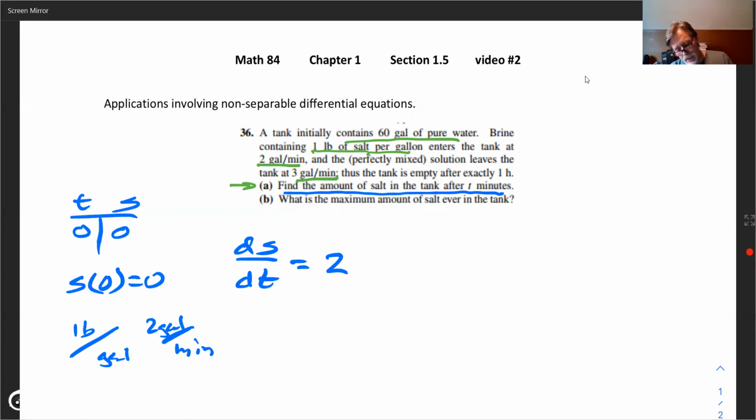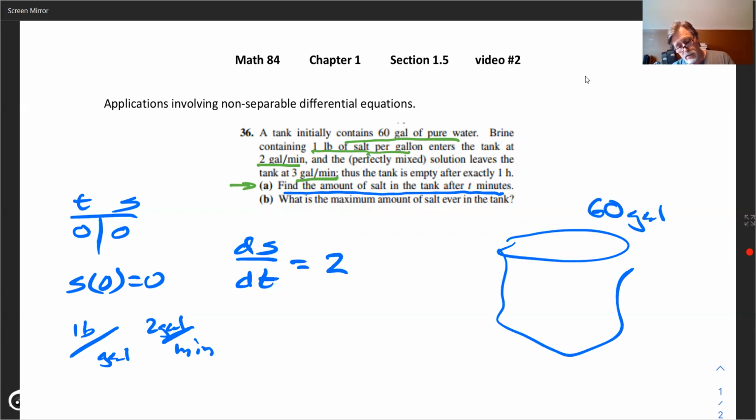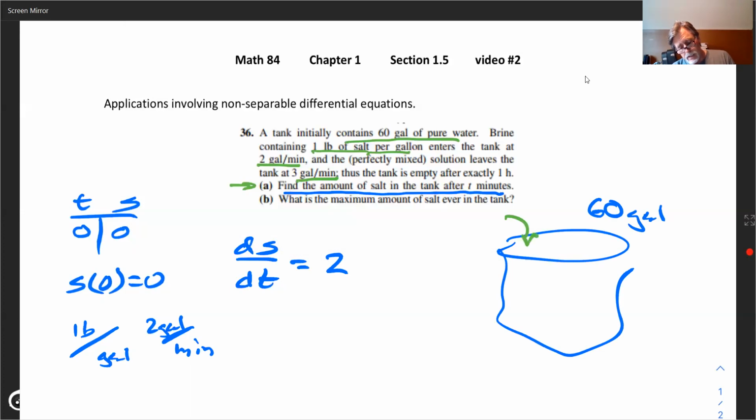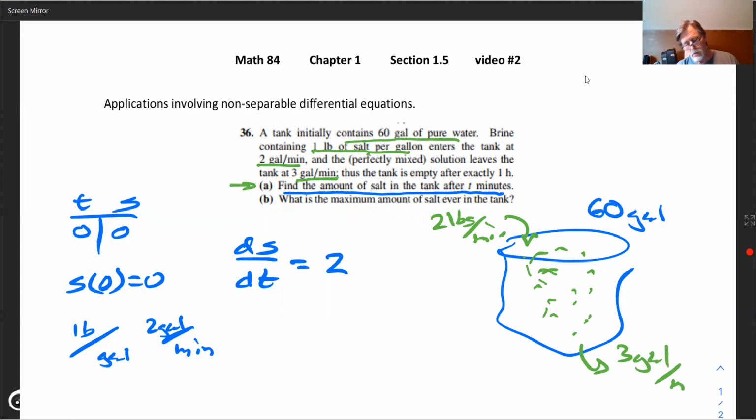But here's the thing. In this tank you've got 60 gallons, and in comes the salt at 2 pounds per minute. It goes in here and spreads all around. But then out pops the solution at 3 gallons per minute. We're losing the solution. But that 3 gallons per minute is not written in terms of salt.